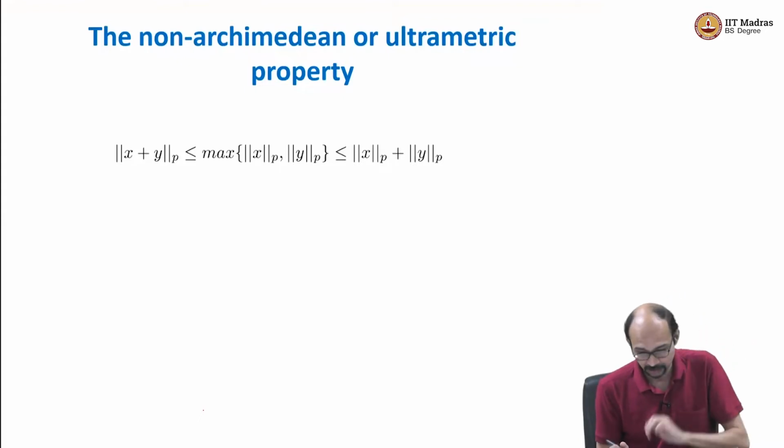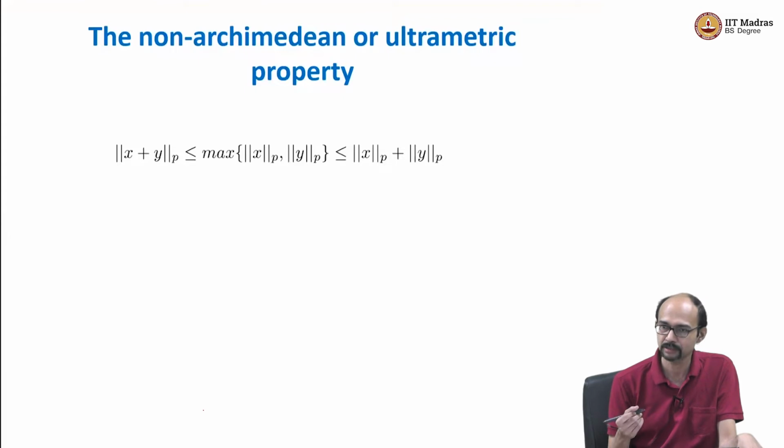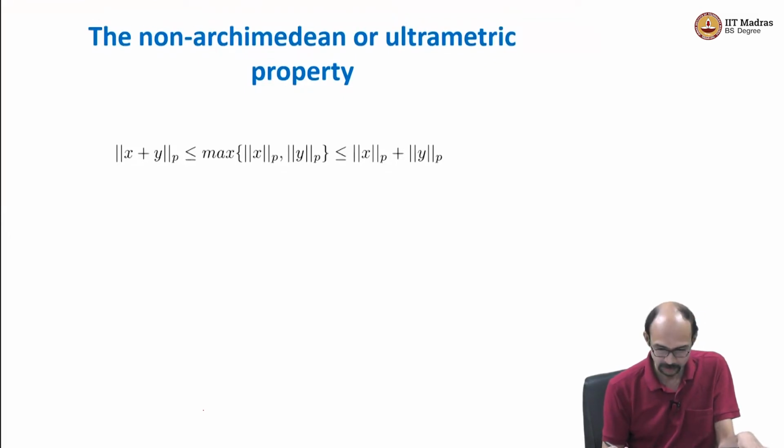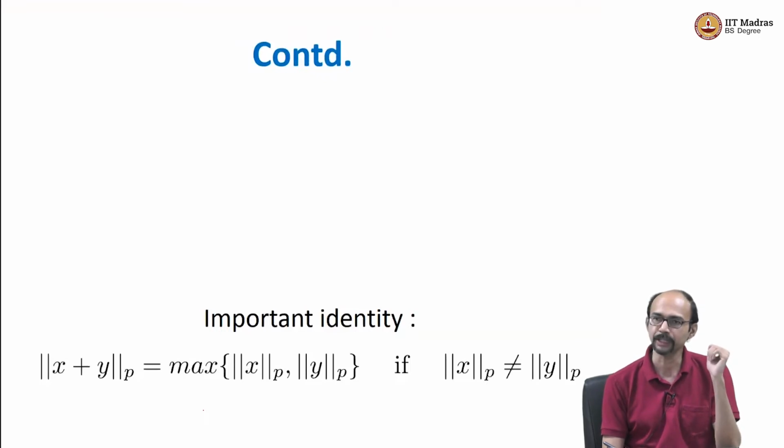Now, if I had gone through the proof, I would actually have proved something more, which is what we are going to use: if it so happens that the norm of x is not equal to the norm of y, it could happen that they are equal, then the norm of x plus y is actually equal to the maximum, not just less than or equal to.